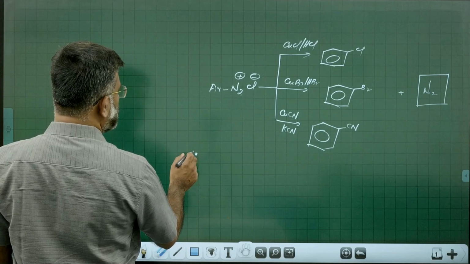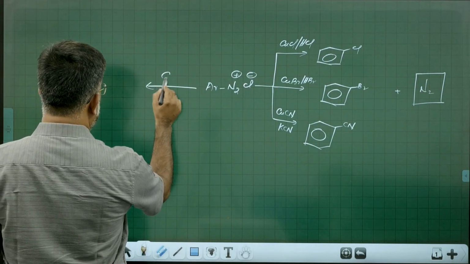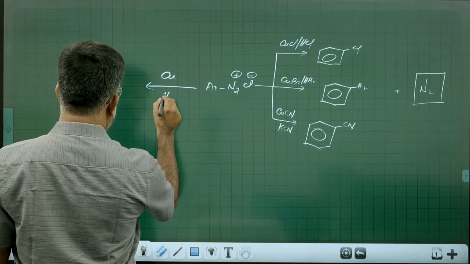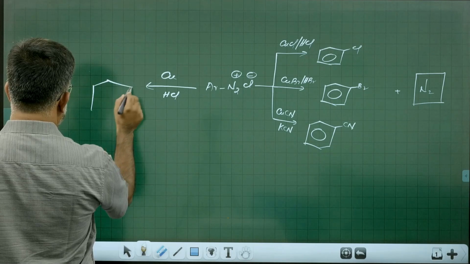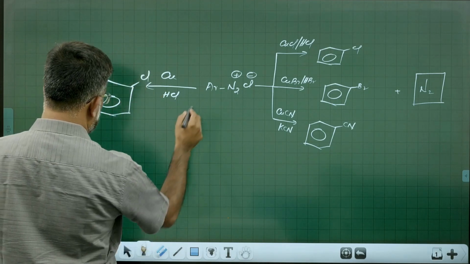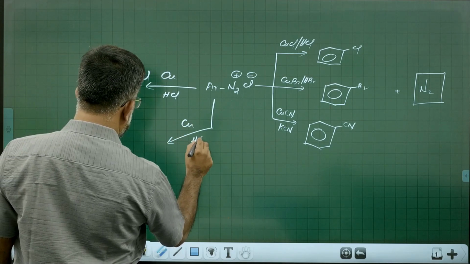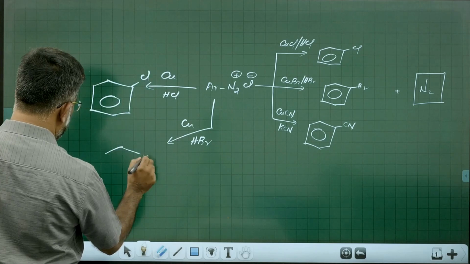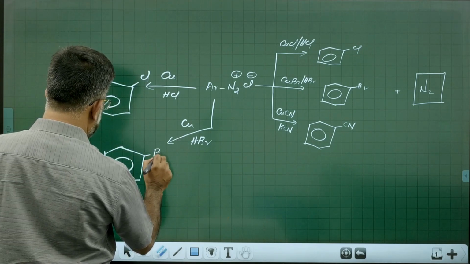I don't know whether some of you are aware, when this diazonium salt is treated with copper powder and HCl, you can get chlorobenzene. That is a modified version of Sandmeyer's reaction. Or when treated with copper powder and HBr, you can get bromobenzene. This is a modified version of Sandmeyer's reaction.